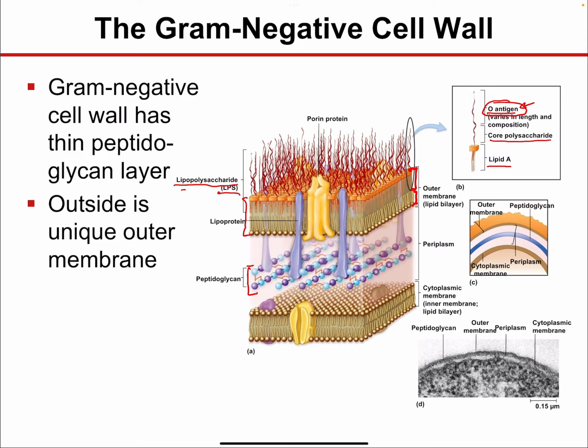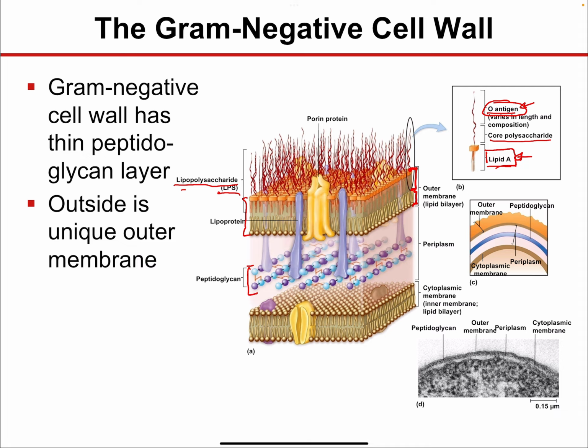Now, the lipid A here is the part that, when we consider some gram negative that are pathogenic, such as Salmonella and Shigella, is the part that is a problem, right? That's the toxic part.